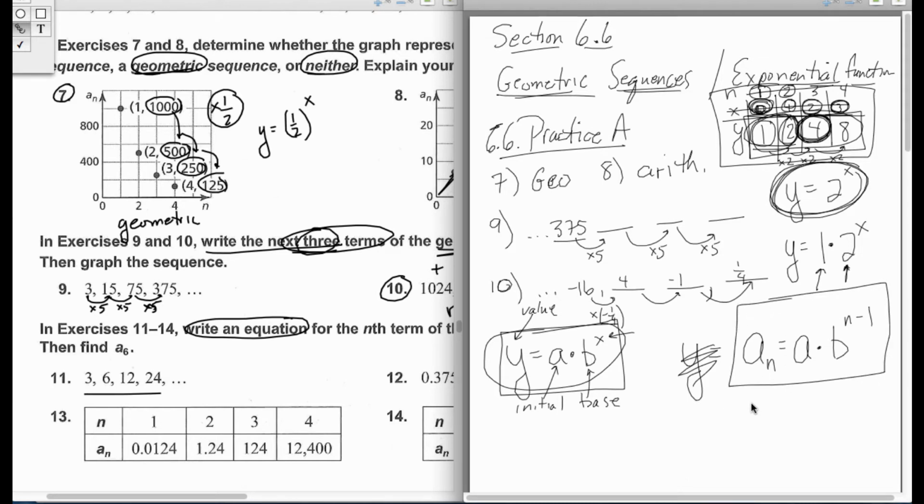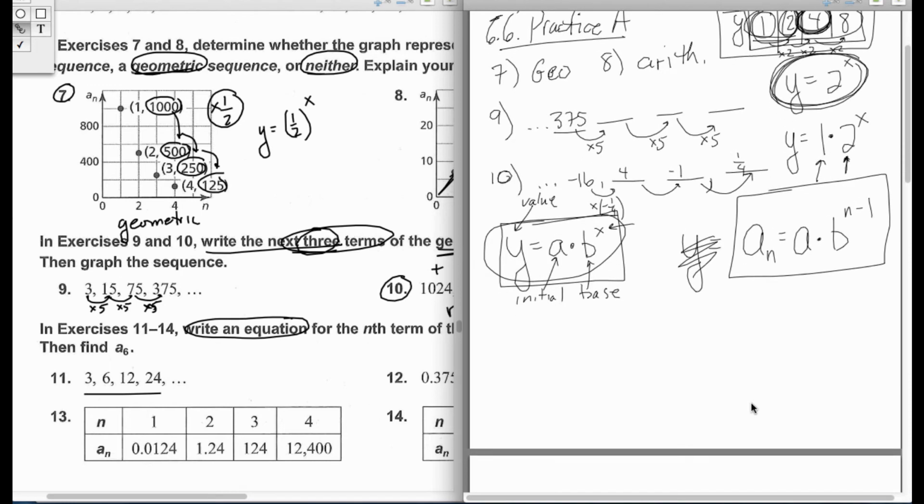Okay? It's real simple. So this is our general formula for any geometric sequence. And I'll show you how easy it is to come up with it.